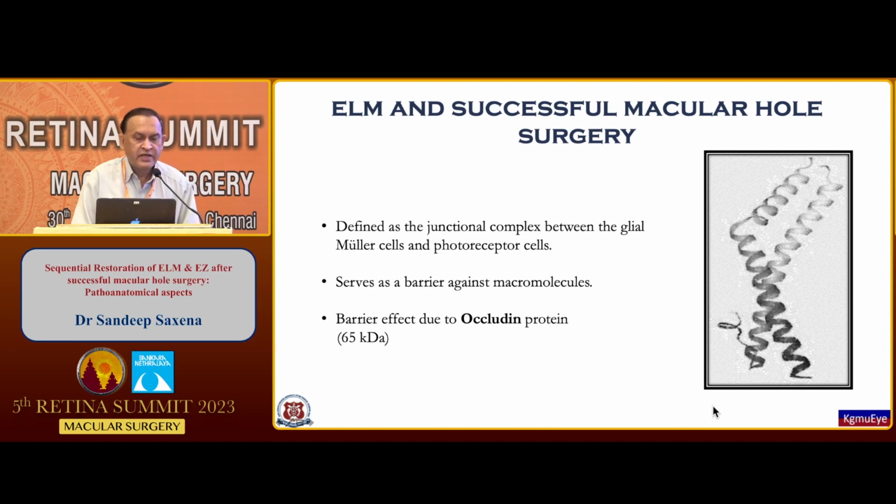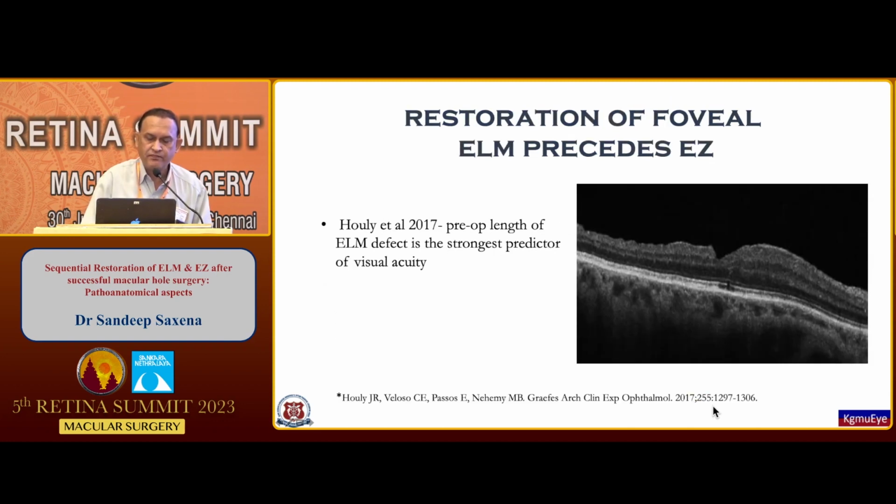For the residents, ELM can be defined as the junctional complex between the glial Muller cells and the photoreceptors, and it serves as a very important barrier against macromolecules. This barrier effect of the ELM is due to occludin, a 65 kilodalton protein.